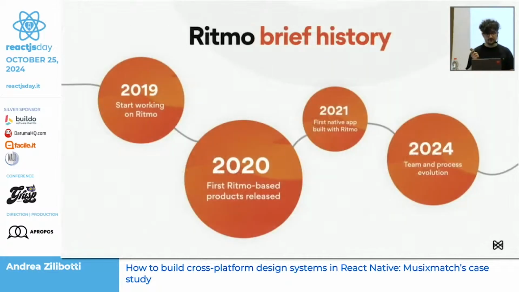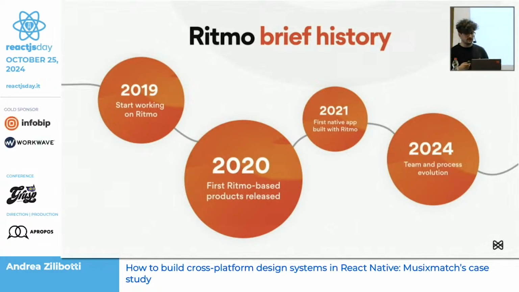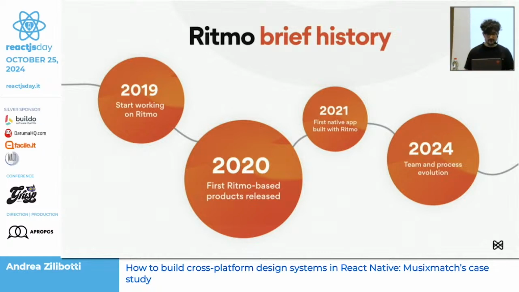This is a brief history about Ritmo. We started working on this in 2019. And some months later, we released our first Ritmo-based product. It was on web only, but the code base was built in React Native. The following year, for the first time, we released our first product completely cross-platform.